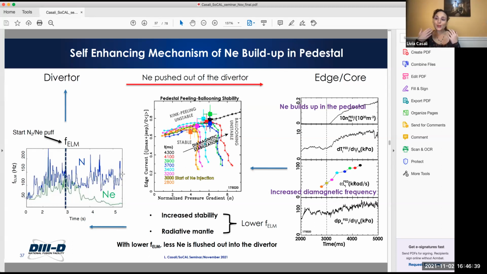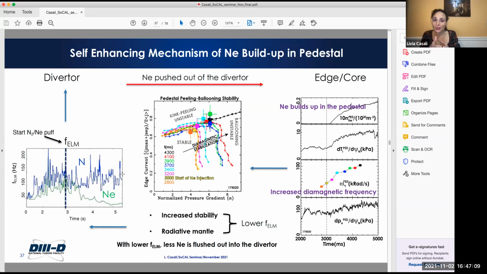But now with the lower ELM frequency, if you remember what I showed at the very beginning about what was happening with tungsten, we are actually lacking the capability of flushing out these impurities from the pedestal. And so the neon starts to build up in the pedestal. So we start a self-enhancing mechanism of the neon buildup, and this eventually can lead to accumulation.